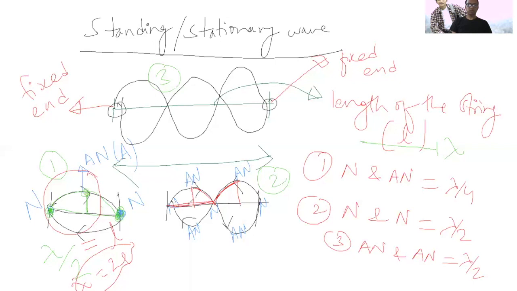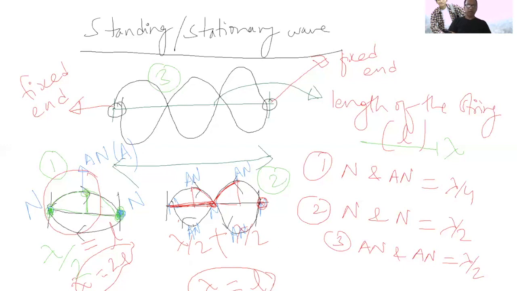Because we know the distance between two nodes is lambda by 2, and this is again another consecutive node. So this is lambda over 2 and this is lambda over 2. So when I add up these two lambda over 2, I get lambda, and this is going to be equal to the length of the wire, right? I think you got me, right?